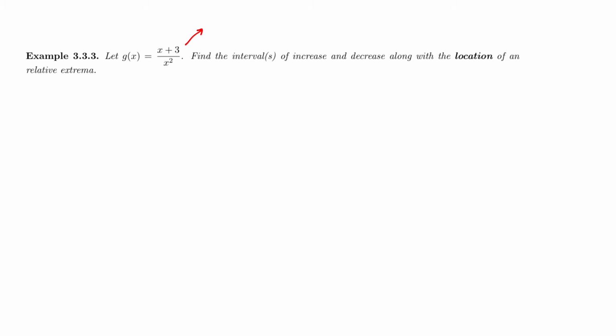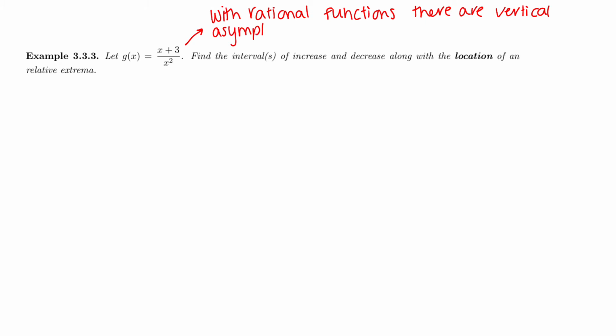Yeah, there's an asymptote, right. So there are vertical asymptotes when the denominator equals 0. So if you have an asymptote, is it possible to have a max or a min there? Is that a possibility?